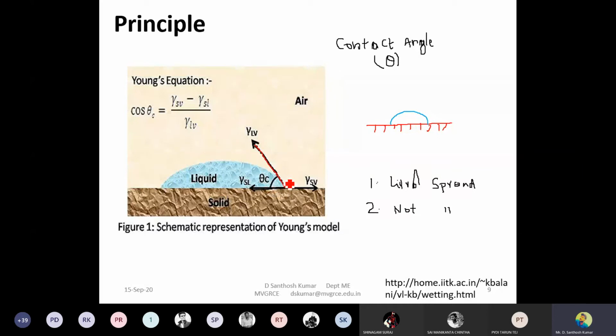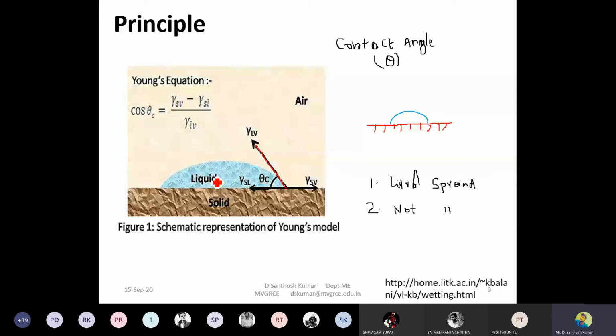This is the deciding factor of whether it is good wettability or not. If you don't have good wettability, then obviously you never get capillary action and all those things, because only once the liquid spreads over the surface can you use those kinds of liquids in your applications.